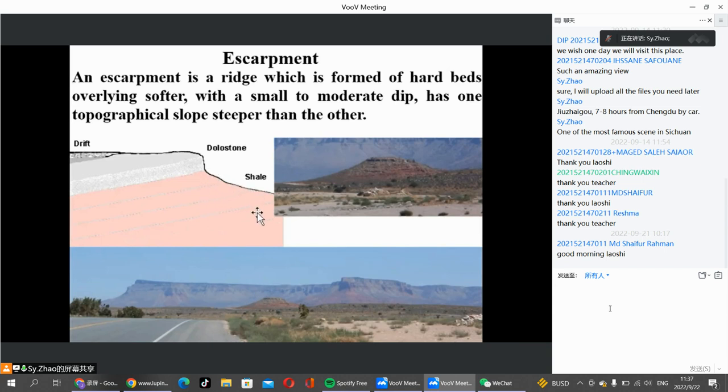When it is eroded, it's not easy to maintain the shape, so it always keeps a relatively gentler slope surface. It is an asymmetrical hill or dipping beds of strong rock exposed by differential erosion of weaker rocks above and below.